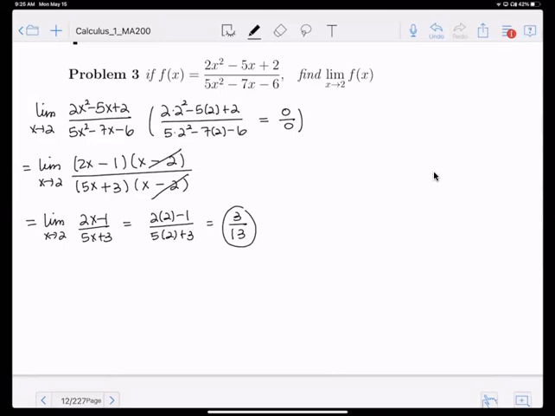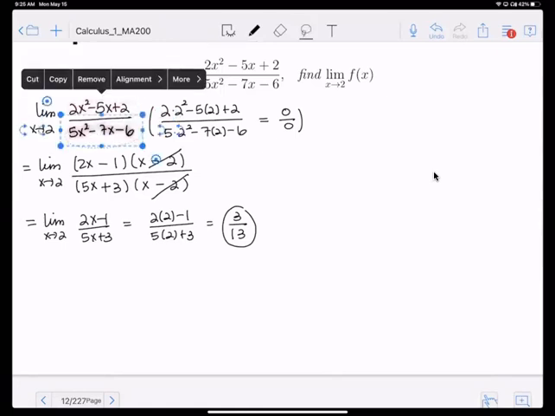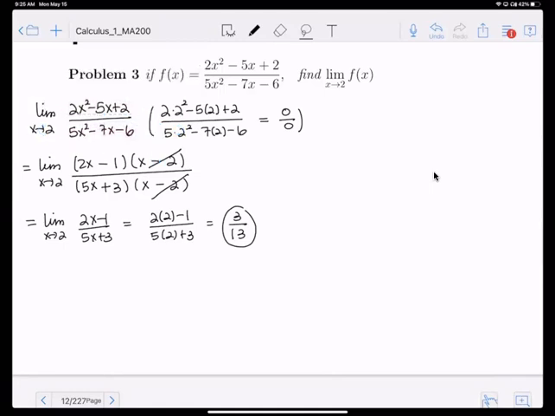Let me show you one more technique for this. Now the question is, quadratics like this are hard to factor, and some of us have a hard time factoring. So for this type of question, instead of factoring, we want to do something a different way. Since x approaches 2, we want to rewrite it.